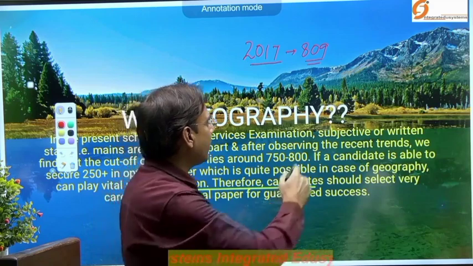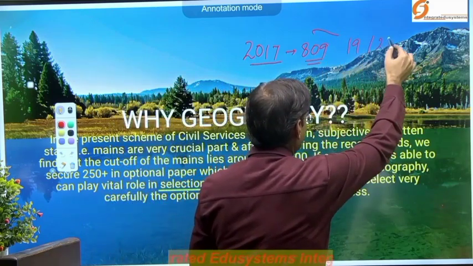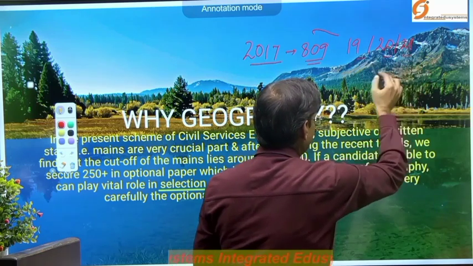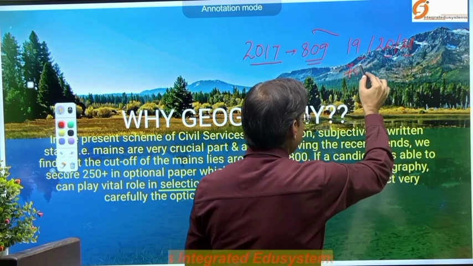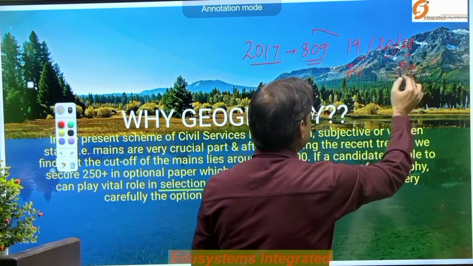But gradually, in 2019, 20 and 21, it is between 751 and 745 or 49.